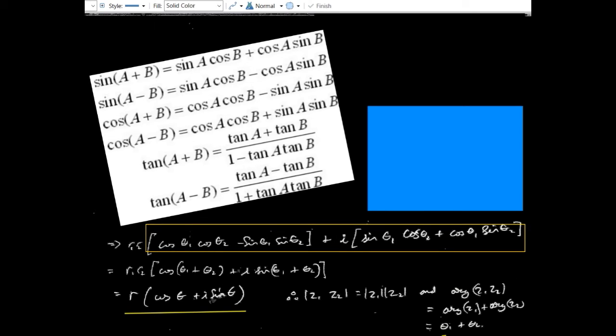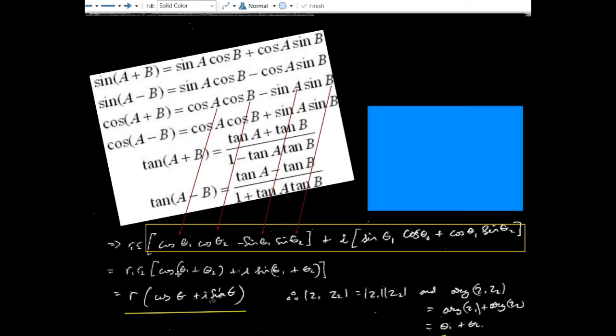Now the double angle formula here, let's use quite a dark red for this. You can see cos theta cos minus sine sine, so cos A cos B minus sine A sine B is now theta 1, theta 2. So I'm going to utilize this relationship to make things a little bit simpler.